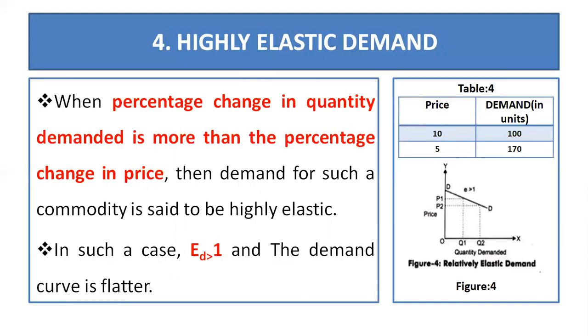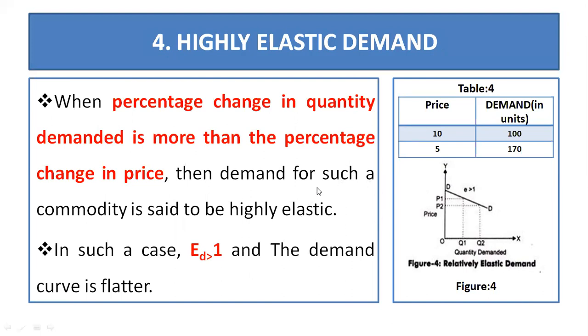Now let us see the fourth one, highly elastic demand. Highly elastic demand is also known as relatively elastic demand. So here we are talking about the price and the quantity demanded in such a way that a small change in price is going to bring a more than proportionate change in quantity demanded.